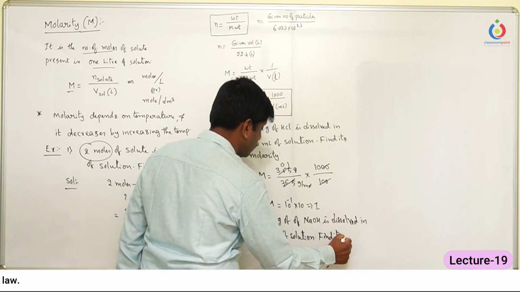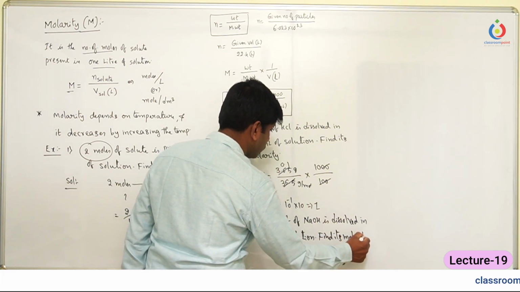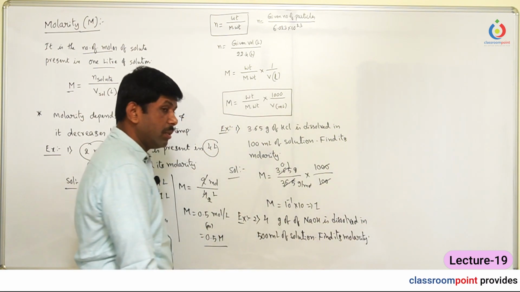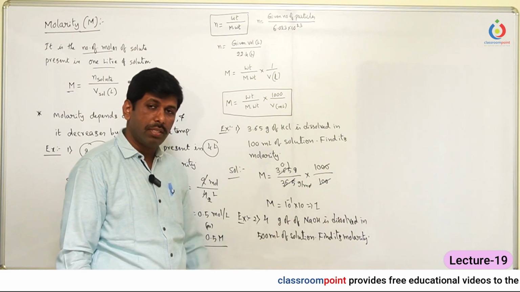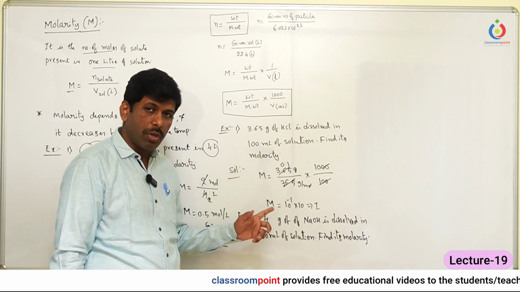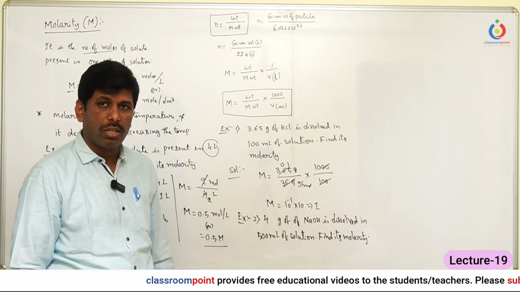Find its molarity. Use the similar concept. Calculate the molecular mass of the NaOH. Why? Because the formula is given, so substitute in the formula and put your answer in the comment box.